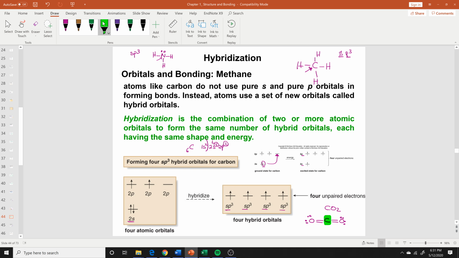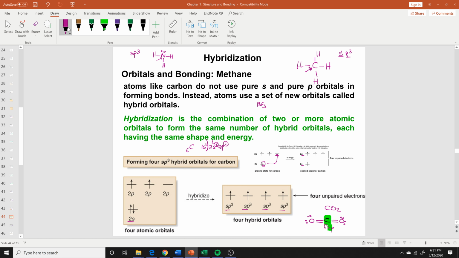Look at the groups that are connected to the carbon. How many are there? 2. So the hybridization is basically 2 orbitals, 1 s and 1 p. So the hybridization of this carbon is basically sp. You look at the groups, and the number of groups corresponds to the number of orbitals. Let's have another example.